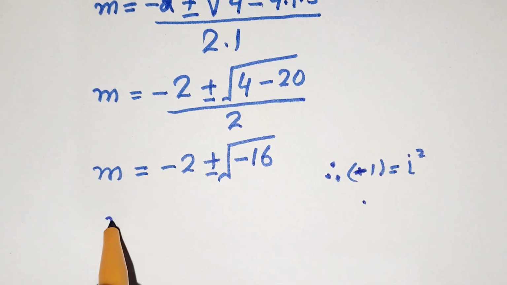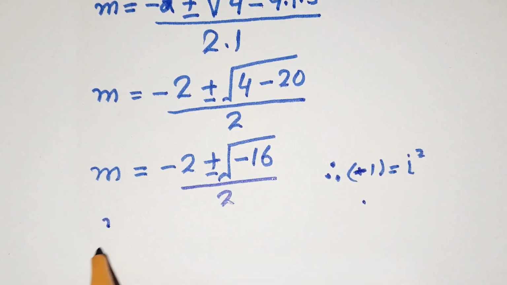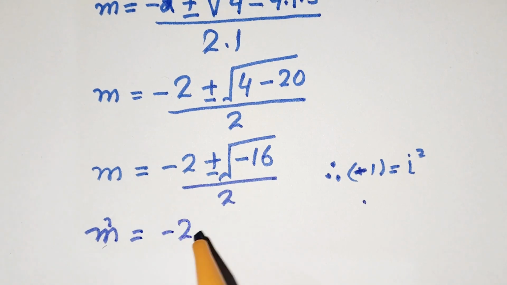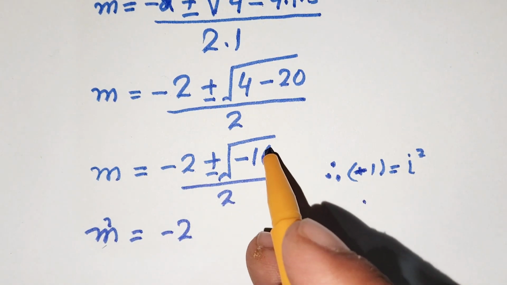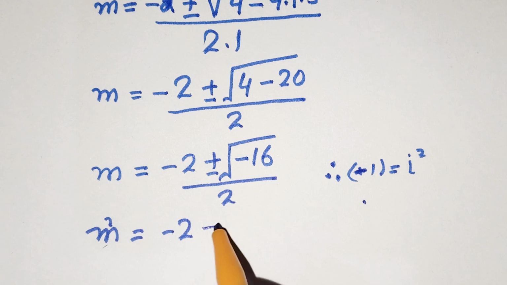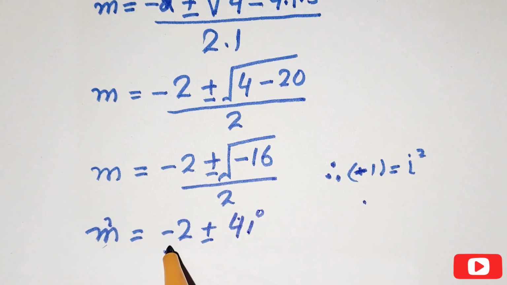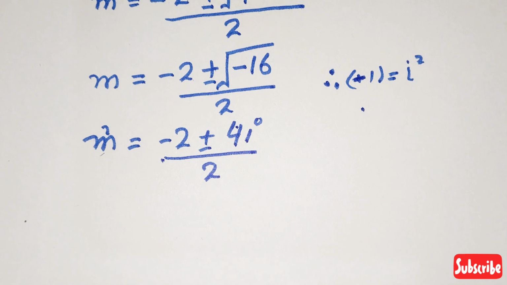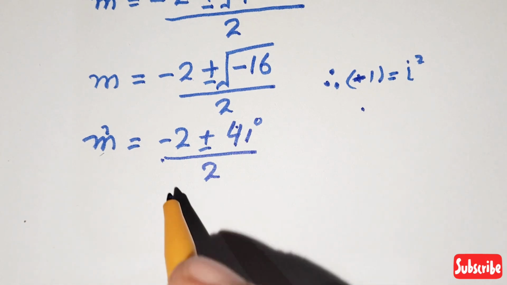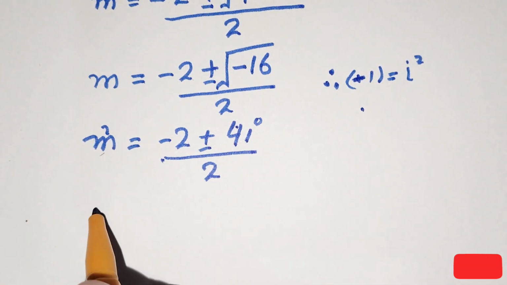So m is equal to minus 2 plus minus, the square root of 16 is 4, and then iota, which is the square root of minus 1, divided by 2.